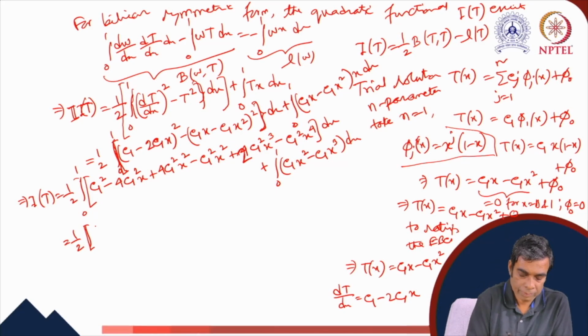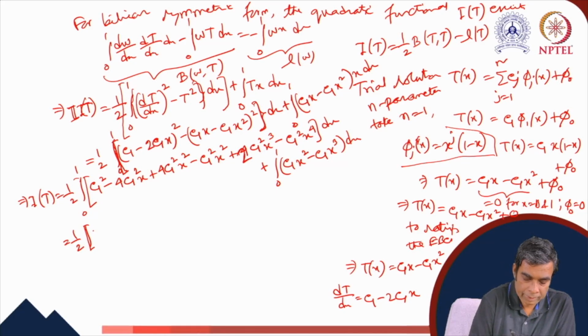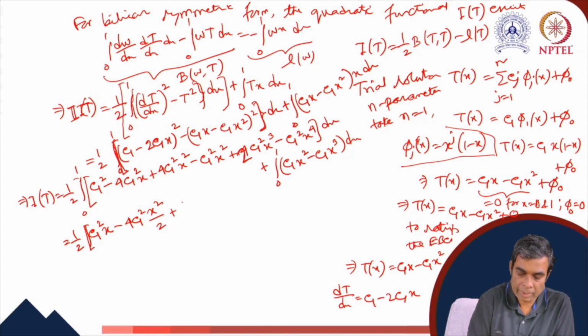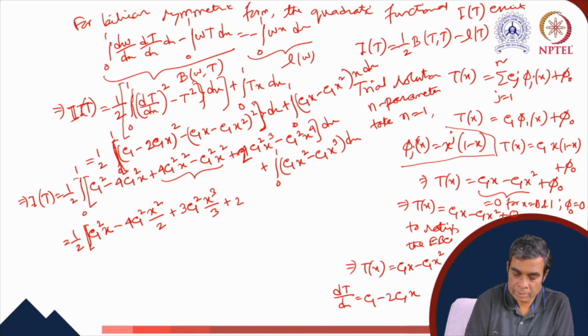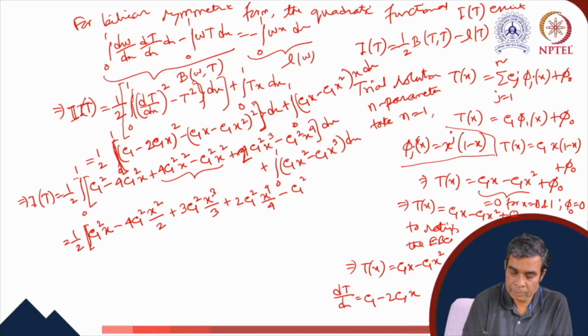So here, after integration, we are getting c1 square x minus 4 c1 square into x square by 2 plus 3 c1 square x square, so 3 c1 square into x cube by 3, plus 2 c1 square into x to the power 4 by 4 minus c1 square into x to the power 5 by 5.